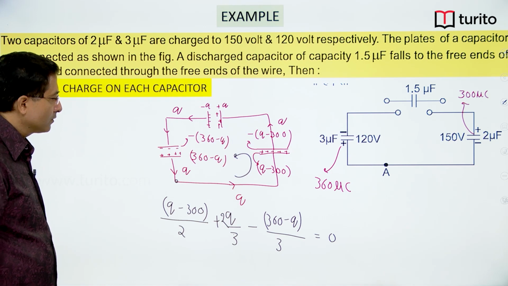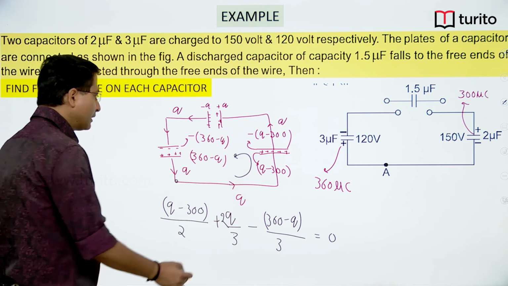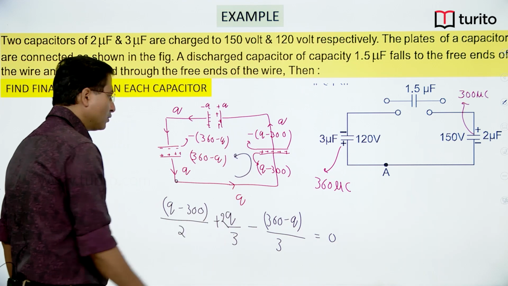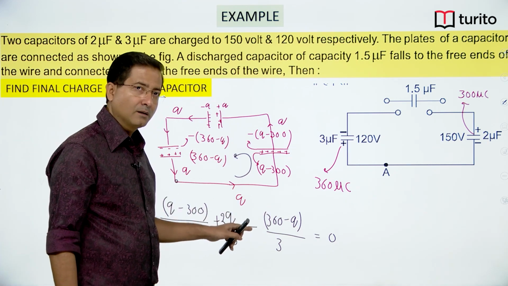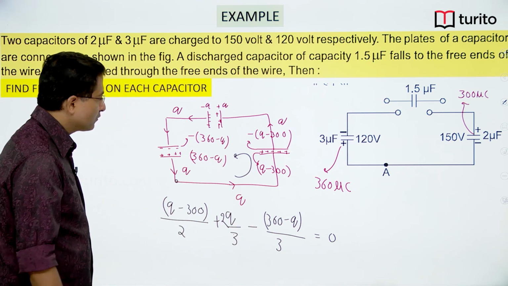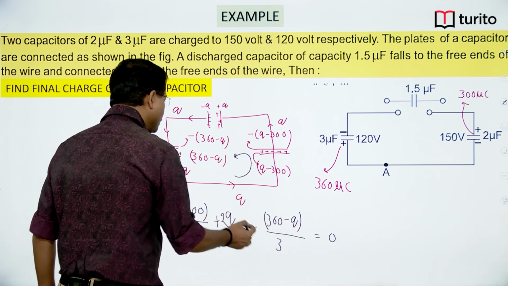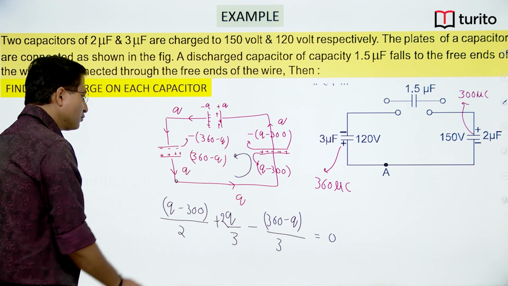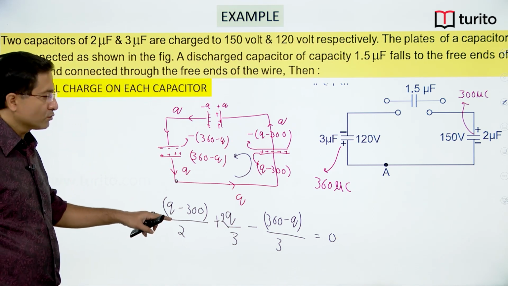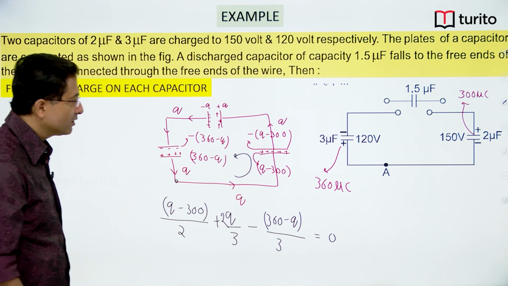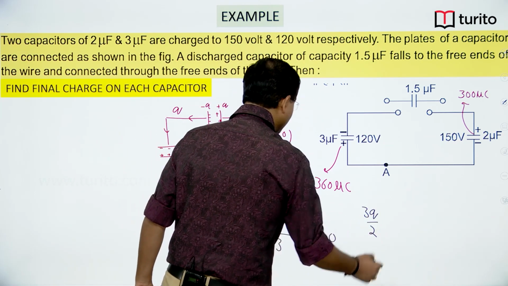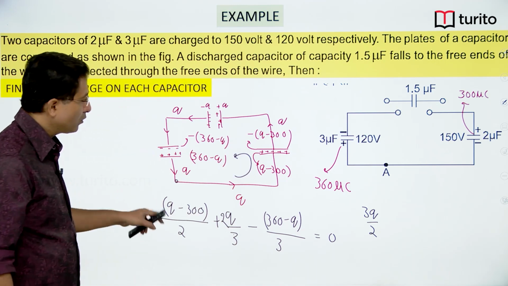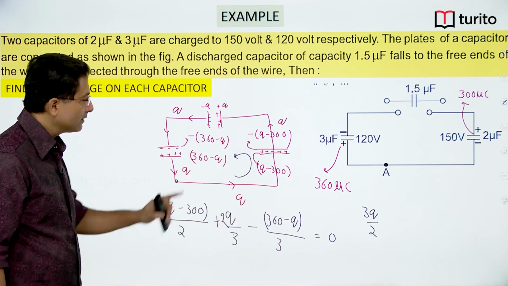Now here I can see 2Q by 3 and here I can see plus Q by 3. If I add, this will become Q and then I have Q by 2 here. So Q plus Q by 2 I can see 3Q by 2. So all Q we have taken.